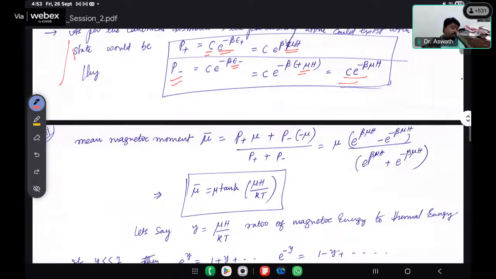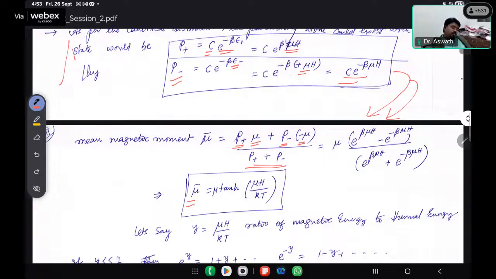With a P plus probability, it exists with magnetic moment mu. With a P minus probability, it exists with a minus magnetic moment. What is the total probability? It is just P plus and P minus. Explicitly you substitute whatever we derived into this expression and you get the mean magnetic moment.